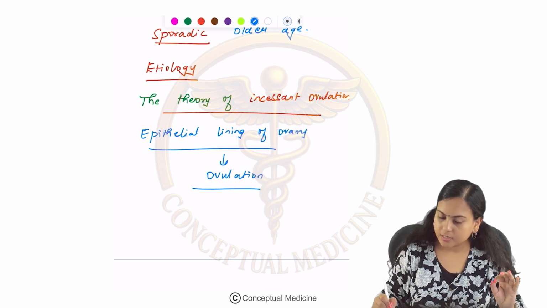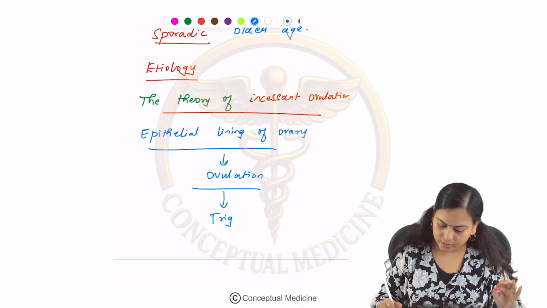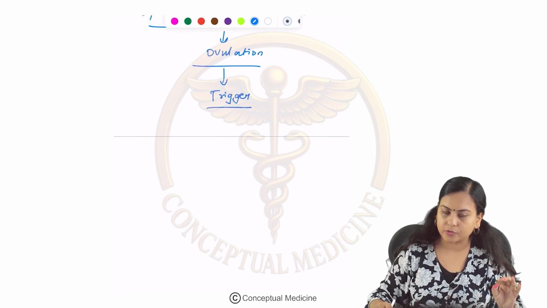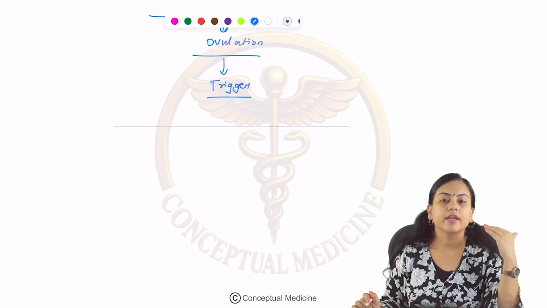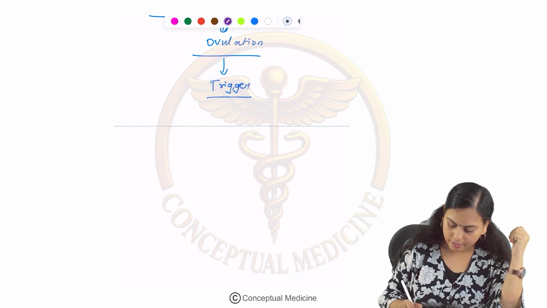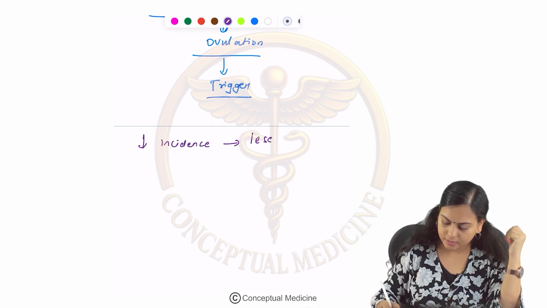Now, this can be a trigger to start the carcinogenic process. So this can act like a promoting factor to enhance the carcinogenic process as well. So a decreased incidence of ovarian cancer is seen with less frequent ovulation.